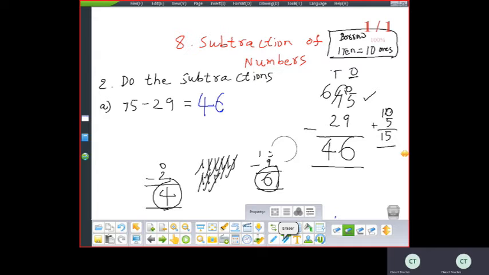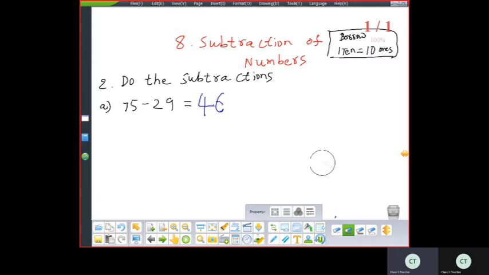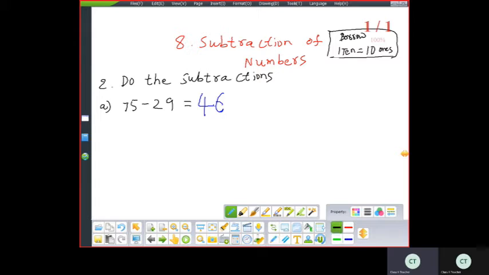Now question B. 87 minus 58. It means we subtract 58 from 87.